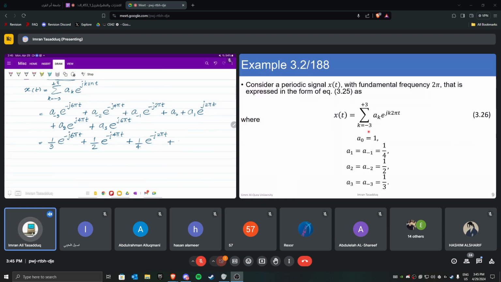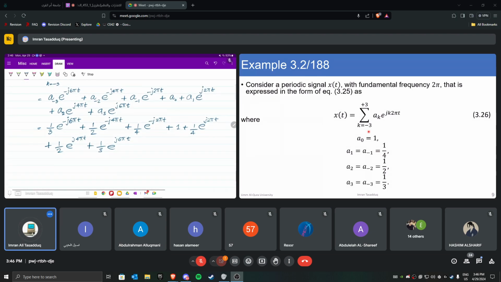Plus a0, which is 1, plus a1, which is also 1 by 4 e to the power j 2 pi t, plus a2, which is 1 by 2 e to the power j 4 pi t, plus a3, which is 1 by 3 e to the power j 6 pi t.